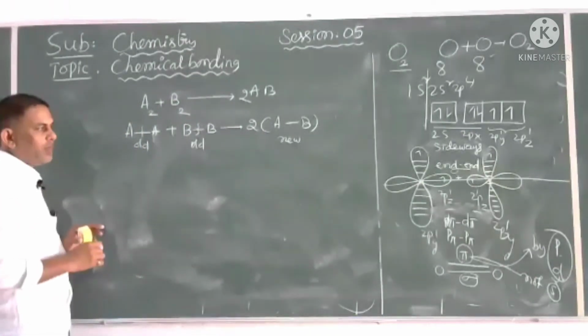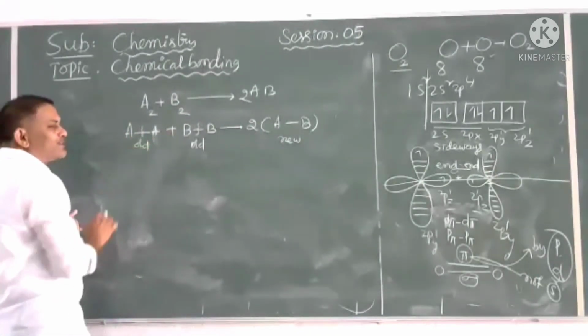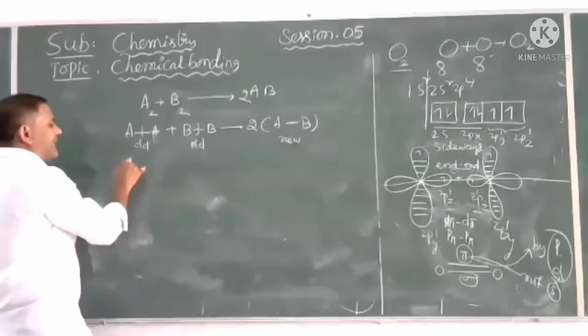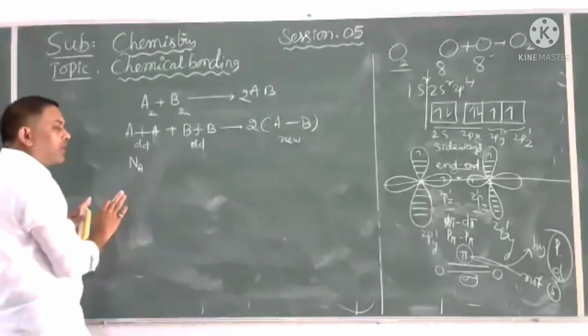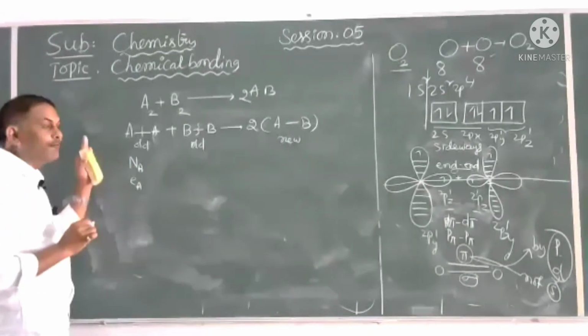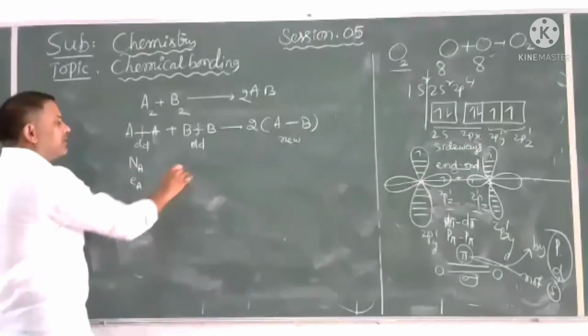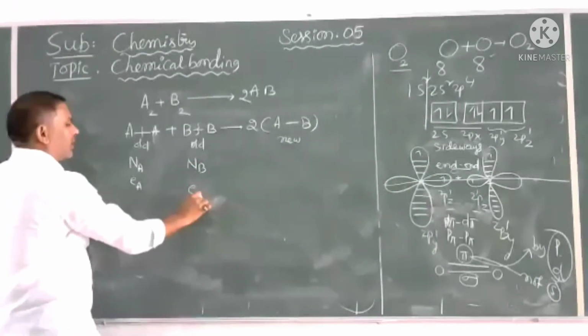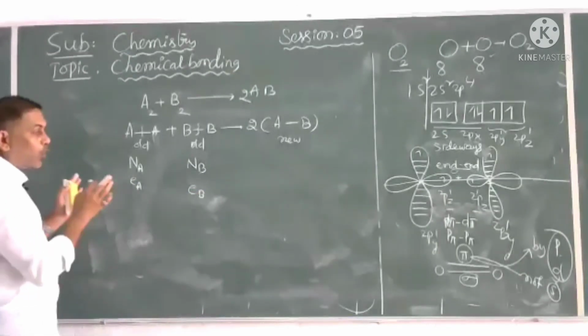Now while these two atoms react, Na is the nucleus of A and Ea is the electron of A atom. This is the nucleus of B atom and the electron of B atom while overlapping.